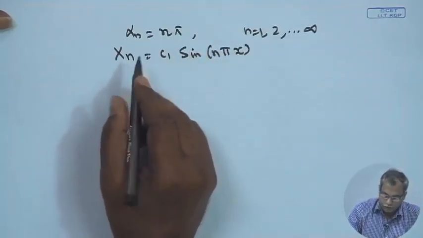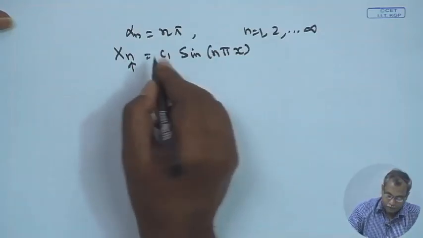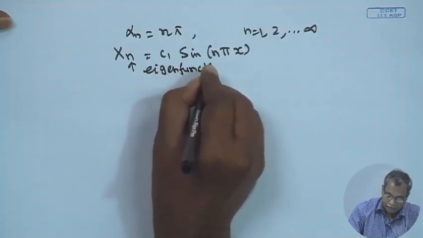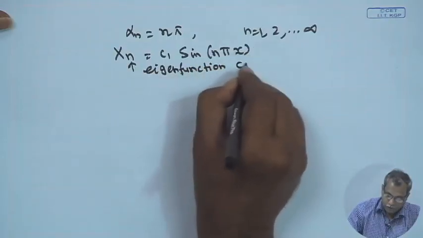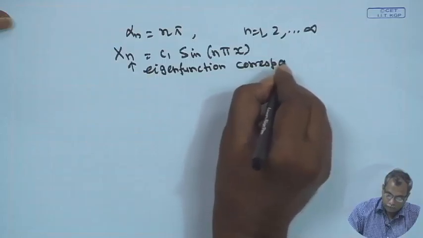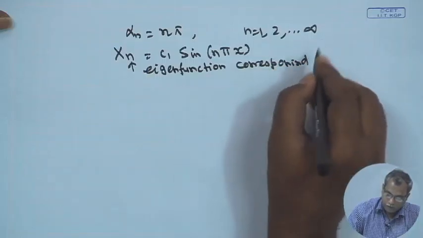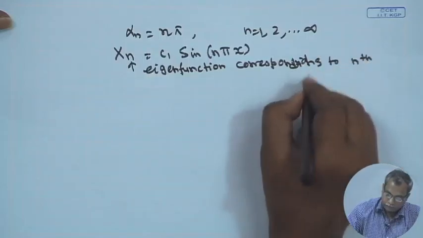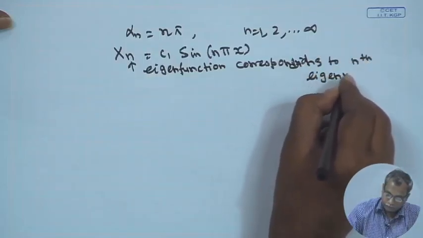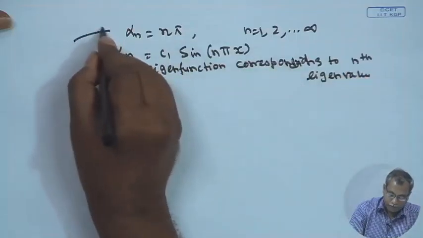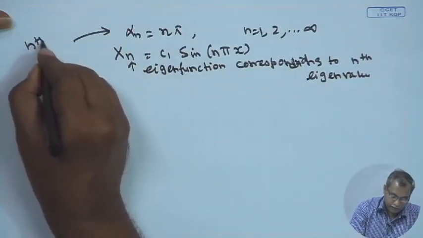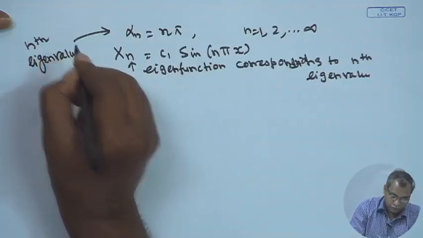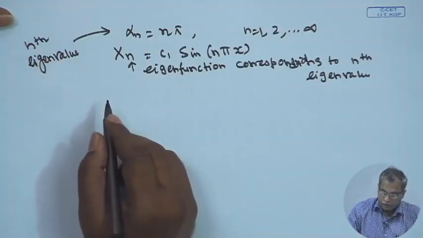The subscript n corresponds to the eigenfunction corresponding to the nth eigenvalue. What is the nth eigenvalue? N pi.